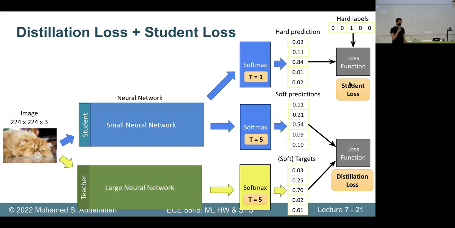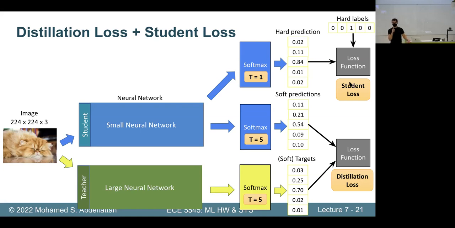During neural network training, you have many hyperparameters, right? Learning rate, for example, is one. The number of epochs to train, the different data augmentations you use. All of these things are empirically tuned to get the best result out of training. And T is just one other parameter there.